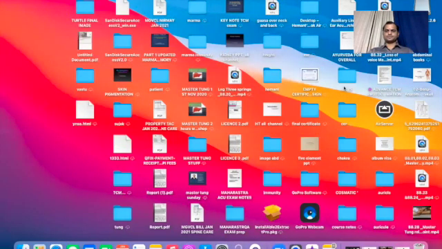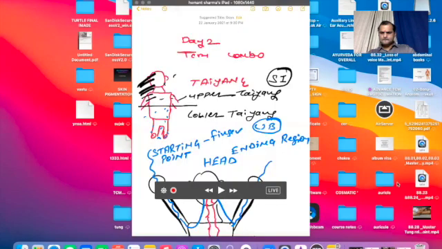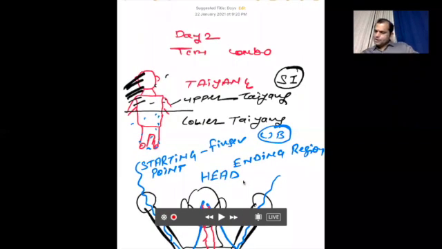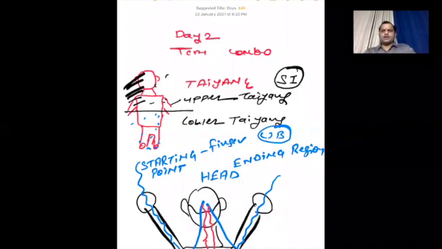So dear friends, yesterday we learned that in the human body, the energy flowing on the backside is named Tai Yang.